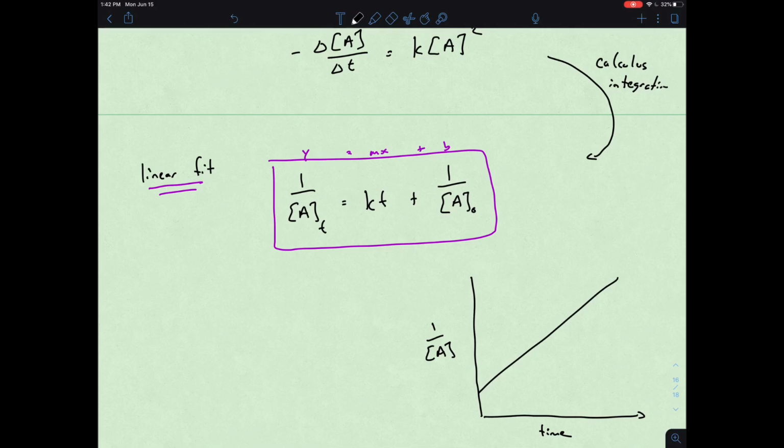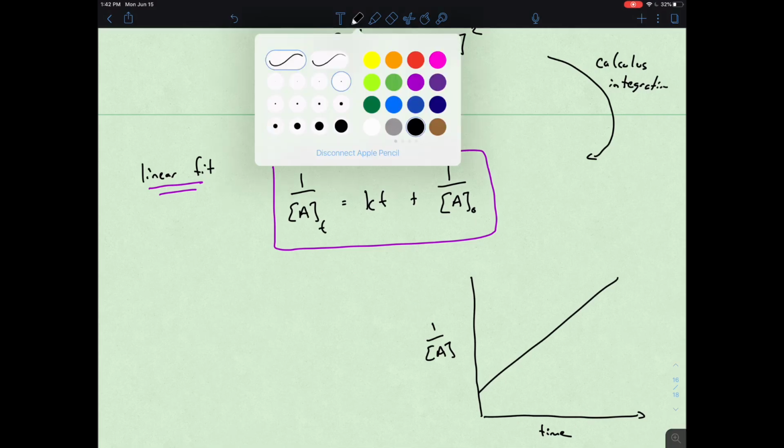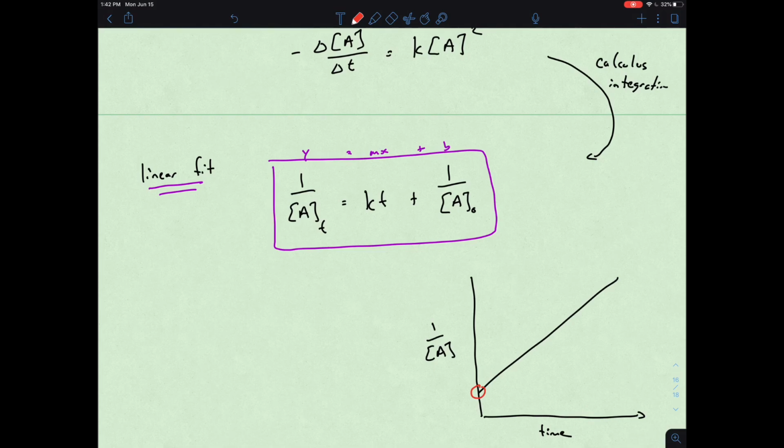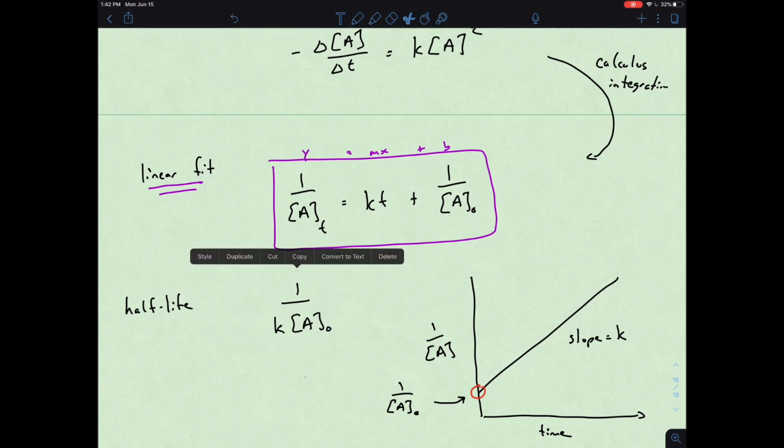If I can draw a straight line. There we go. So we have here, again, still our y-intercept. So that's 1 over our initial concentration. And here our slope is equal to little k. And our half-life expression for this is then 1 over little k times the initial concentration of A.